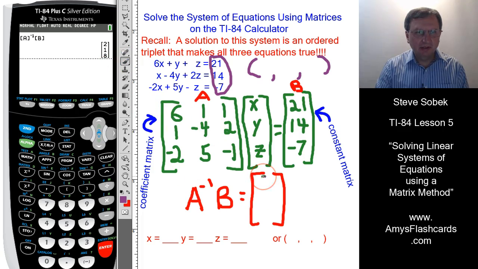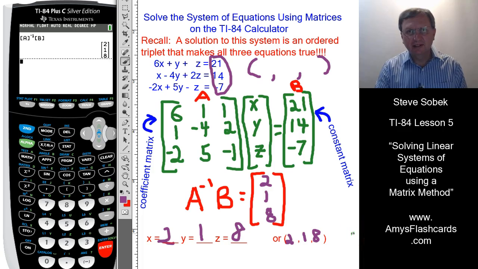Let me copy those down. We got a 2 and a 1 and an 8, and we'll interpret that as 2 being the value for x, 1 being the value for y, and 8 being the value for z. And you could, of course, write that as an ordered triplet, 2, 1, 8, and that also would be fine.